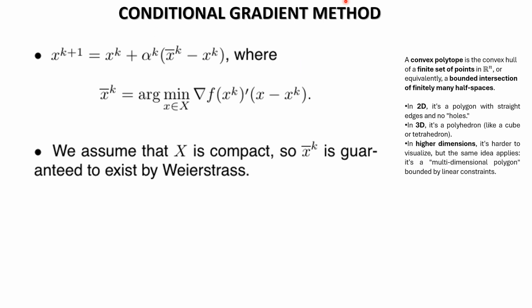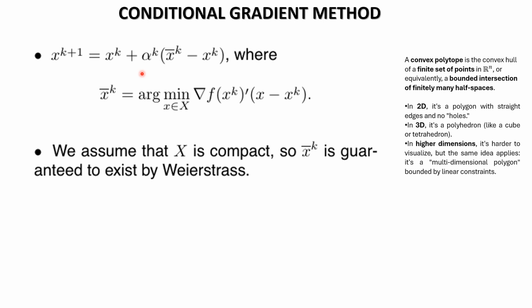You move from xk toward another point x bar k, and the step size alpha k from the segment [0, 1] controls how far you move in that direction.